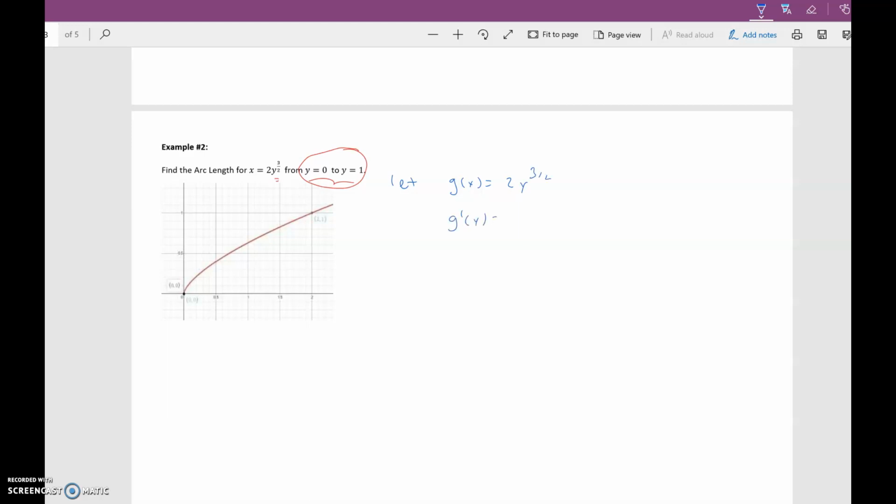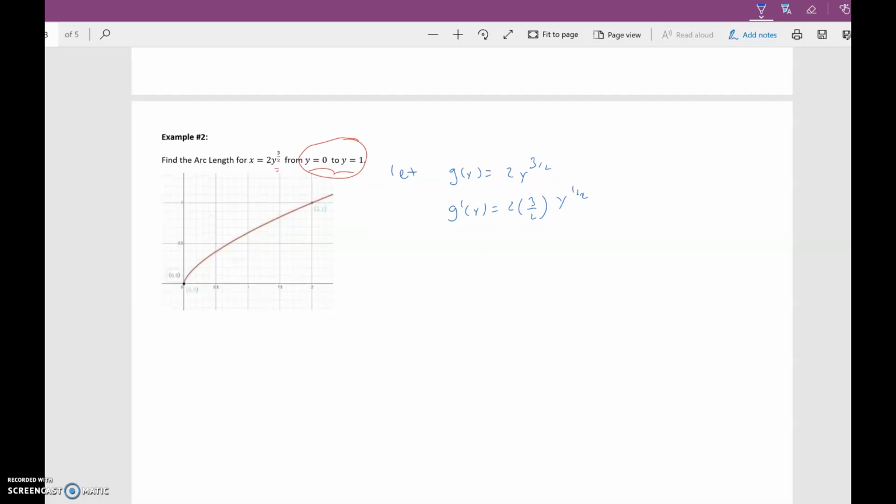Then g prime of y is equal to 2 times 3 halves y to the 1/2. And actually that was good news because the 2's cancel, so I'm just looking at 3y to the 1/2 for the derivative.